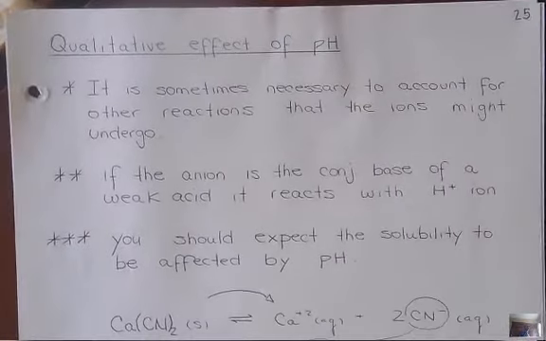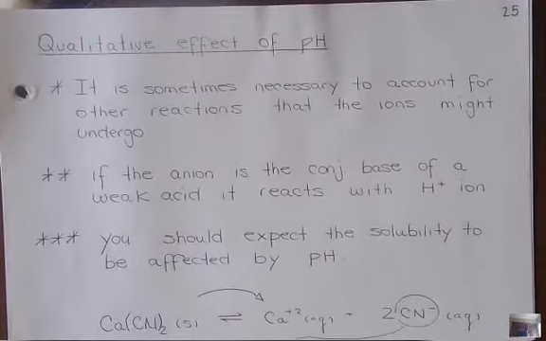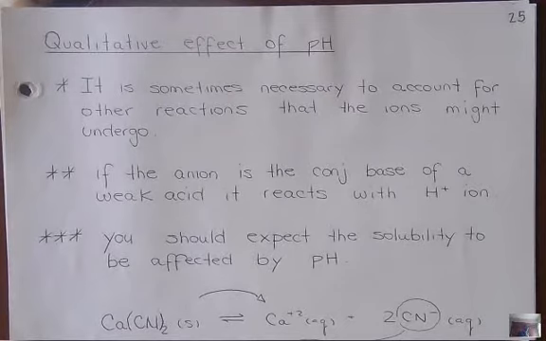Okay, next thing we're going to talk about is how does pH affect solubility? Well, the way pH affects solubility is if one of the ions that dissolves happens to be a weak acid or a weak base, or the conjugate base of a weak acid or the conjugate acid of a weak base, then not only is it going to be involved in the precipitation reaction, it's also going to be involved with an acid-base reaction.